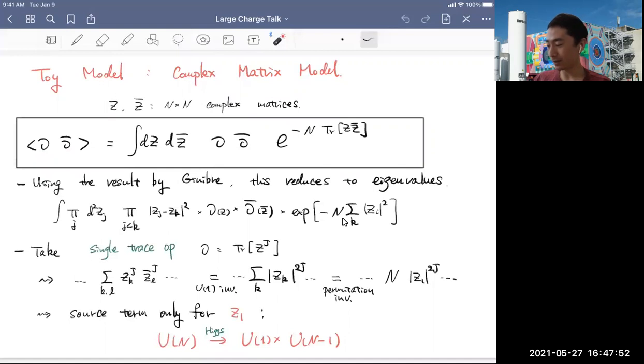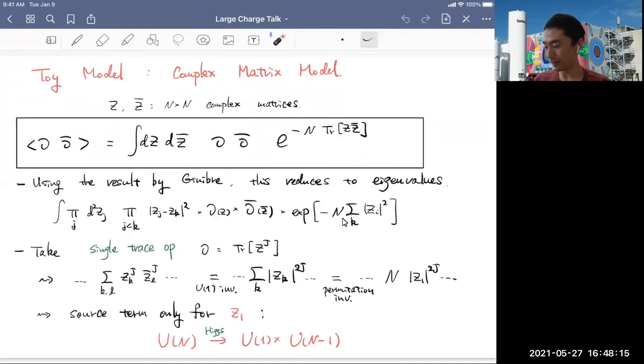I further assume that the action is Gaussian. This is a complex matrix model, which is a little more complicated than the Hermitian matrix model that people are familiar with, but you can still write the result in terms of eigenvalues. Using the result by Ginibre, this reduces to eigenvalues in this expression.